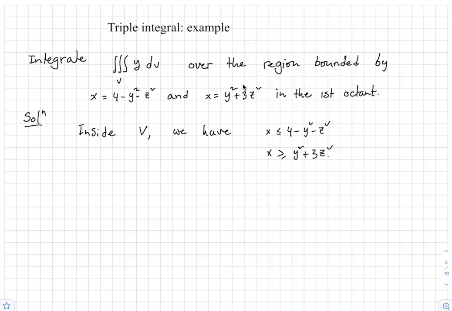This is the first step we need to figure out to solve a triple integral: we need to identify a boundary of the volume with respect to one of the three coordinates. Here we can set the integral x from y square plus 3z square to 4 minus y square minus z square, and integrate the function y with respect to x.